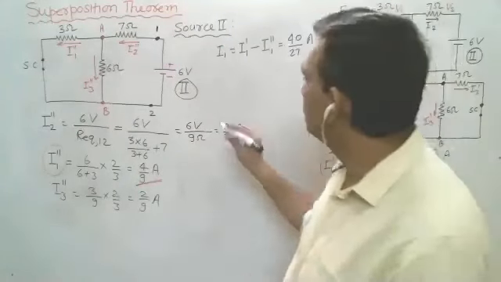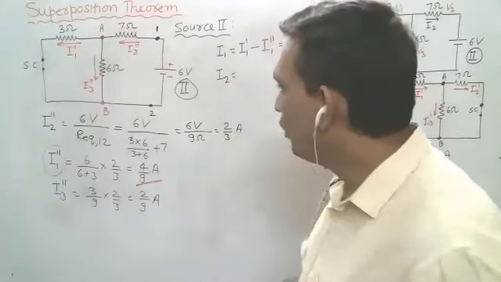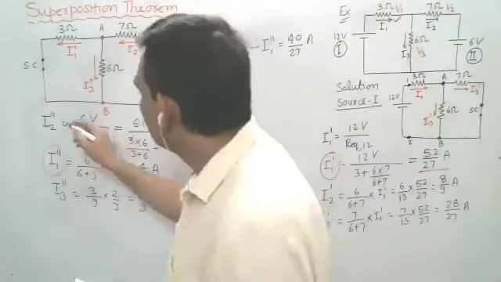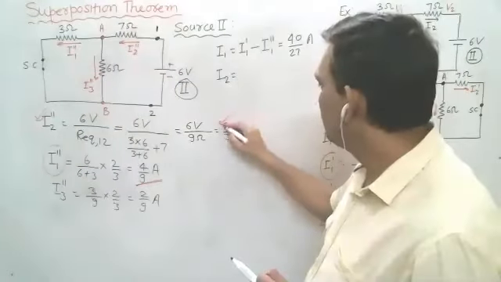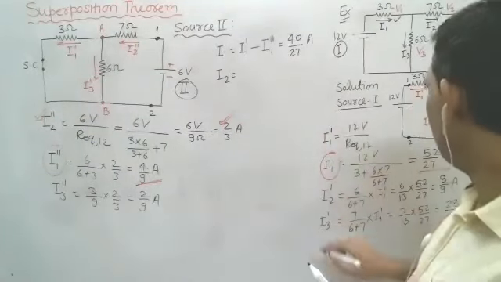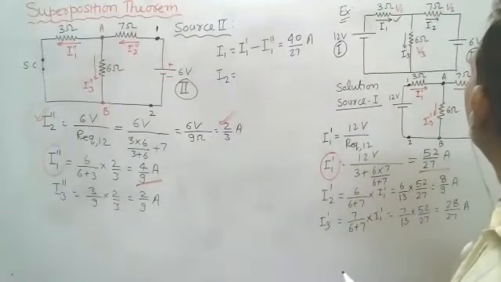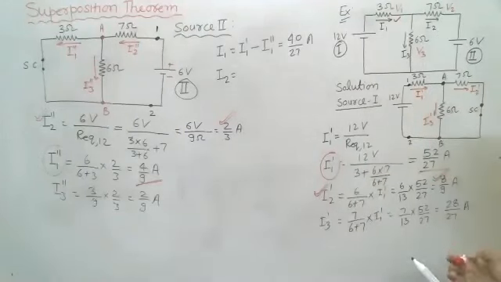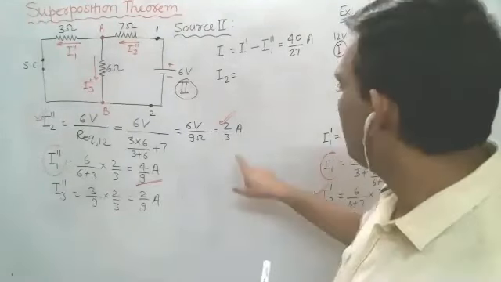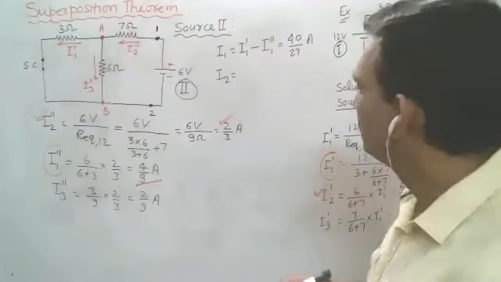What about I2? Now you have to check I2 double dash, this value, and I2 dash, this value. Check 8 by 9 and 2 by 3. Which one is greater? 8 by 9.